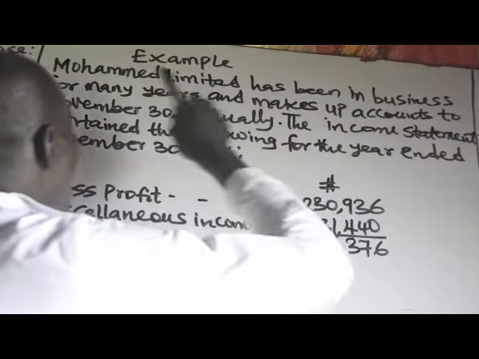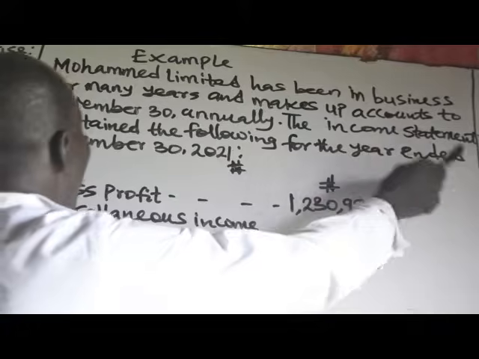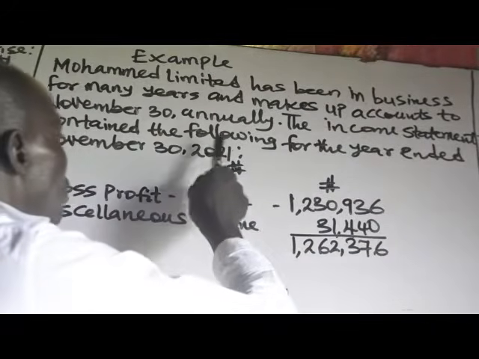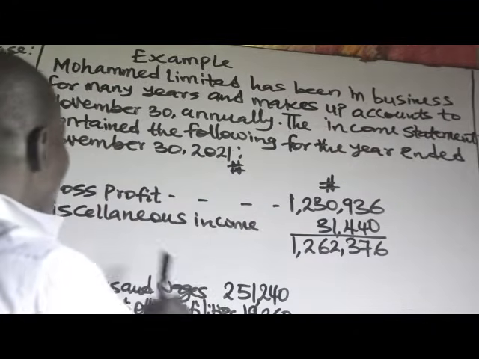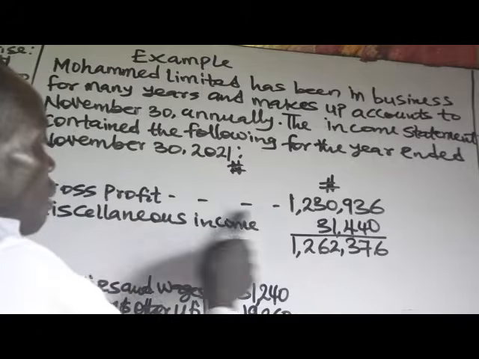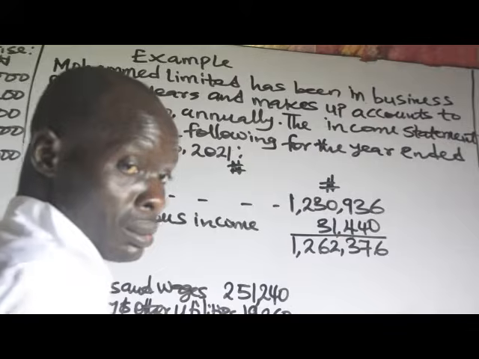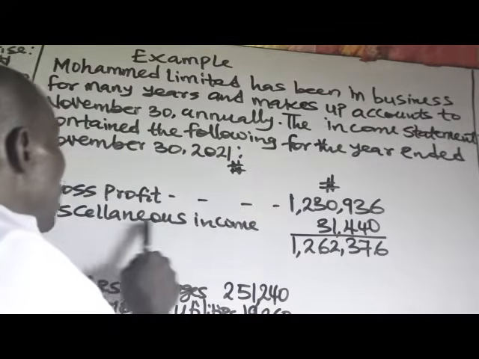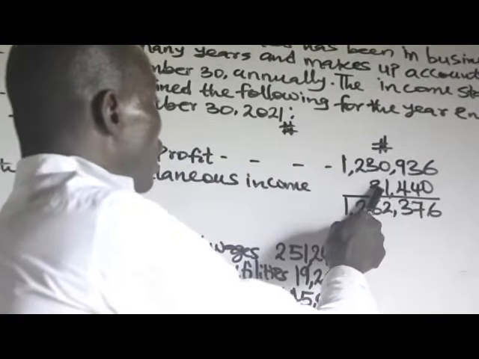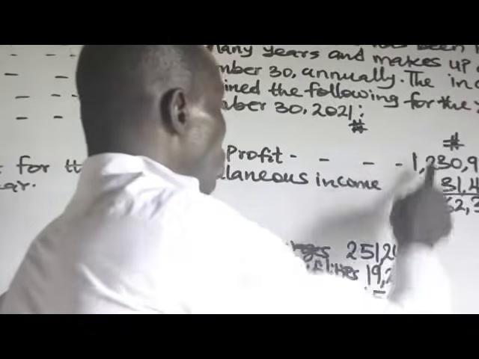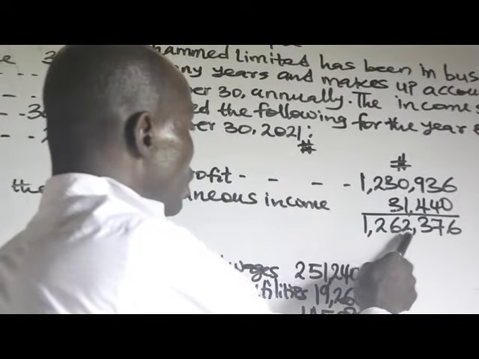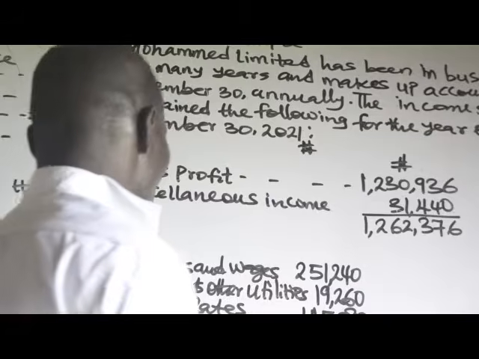The income statement contains the following for the year ended November 30, 2021. We have gross profit of 1,230,936. Miscellaneous income 31,440, and total income is 1,262,376.